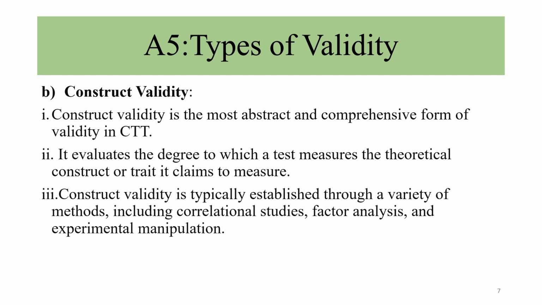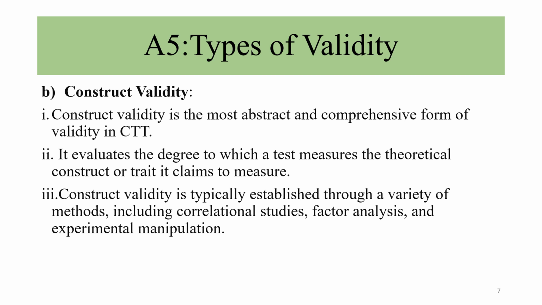Very good. Point 3 is construct validity is typically established through a variety of methods, including correlational studies, factor analysis, and experimental manipulation. So construct validity, we establish by different methods.